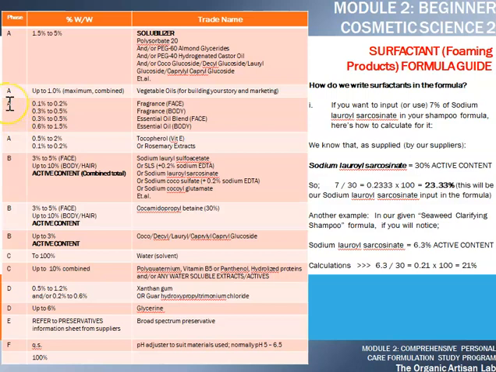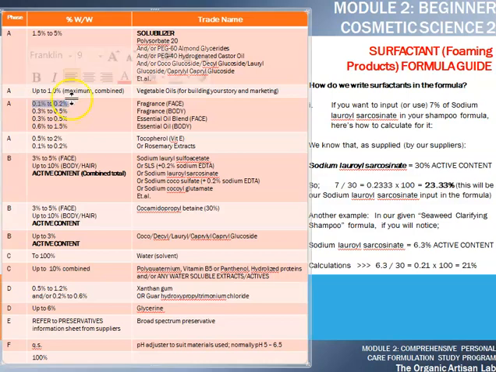For example, if you use fragrance oil, you may use 0.1% to 0.2% of fragrance for the face. For the body, you're allowed to use 0.3% to 0.5%. And if you're going to use essential oil, there's also a separate percentage guide for you to use when writing your formulas.